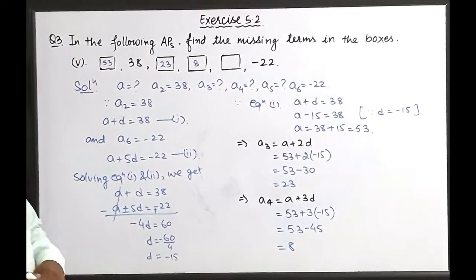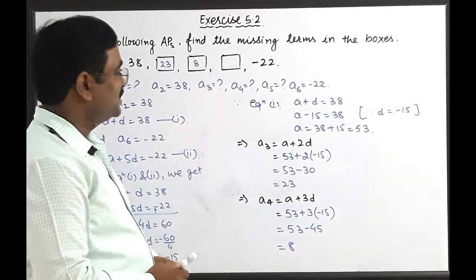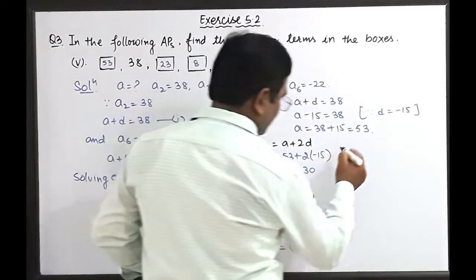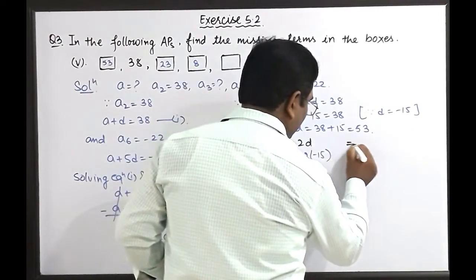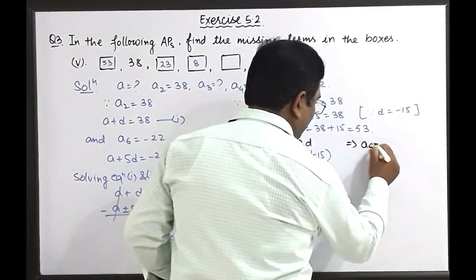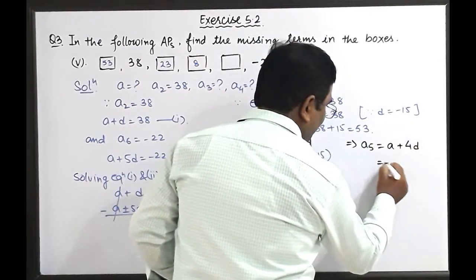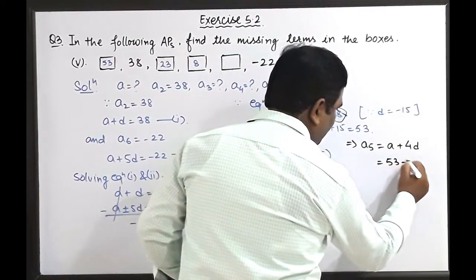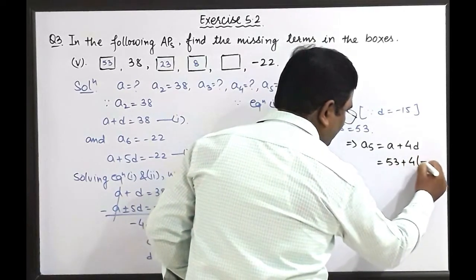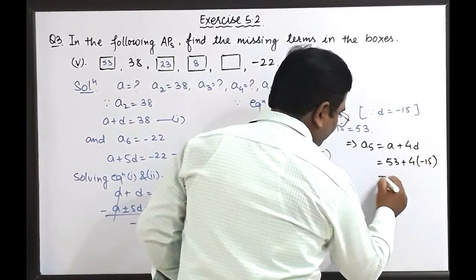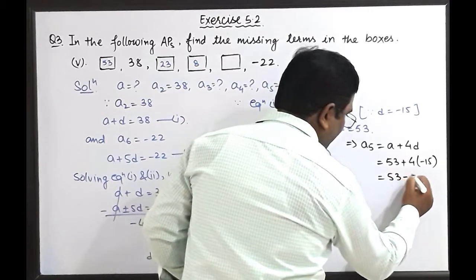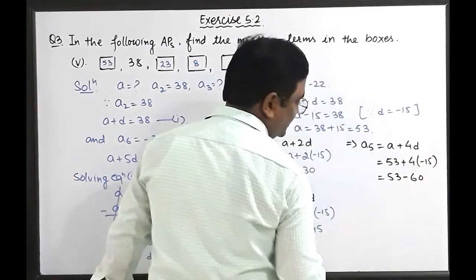अभी हमें फाइंड करना है फिफ्थ टर्म, which is A5. So A5 is equal to A plus 4D. So which is 53 plus 4 into minus 15. 53 minus 60. 15 fours are 60.